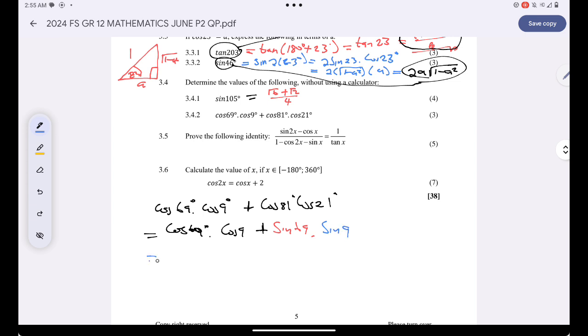Are you together? This one is this one, and this one is that one, yeah? So this is like the expanded version of the compound angle for cos. So it's simply cos of 69 minus 9. Then we have cos of 60 degrees, which is equal to a half. So this guy here is equal to 1/2.